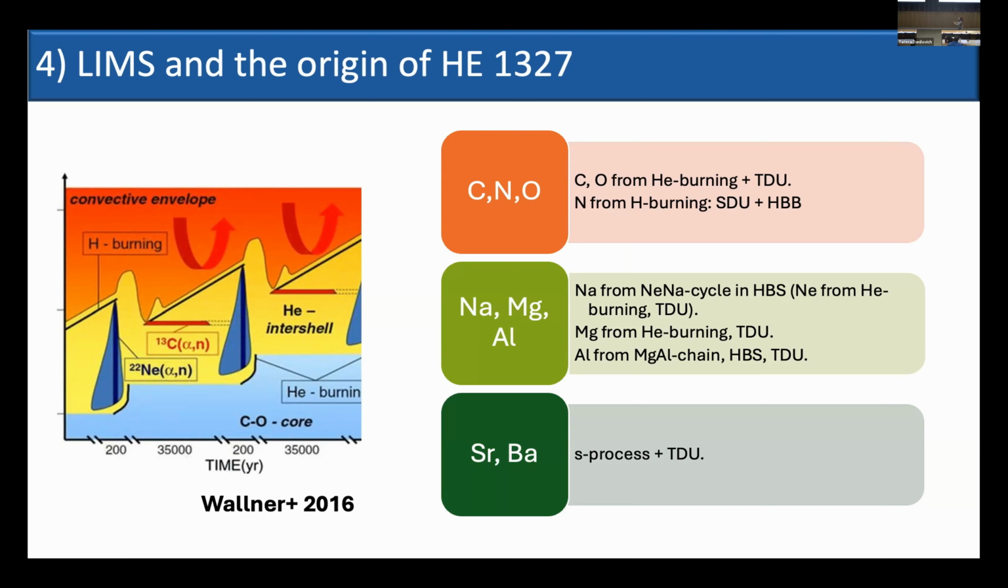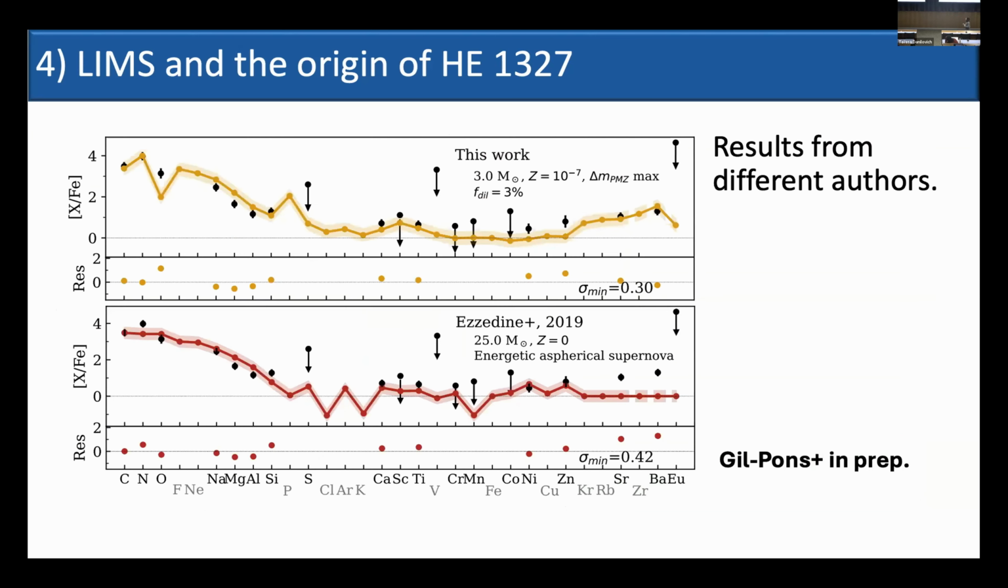We also could get the correct nucleosynthesis to get the light element slide. So the combination of helium burning, proton captures in the hydrogen burning shell, and then third dredge-up. And of course, we could get the s-process elements dredged up to the surface.